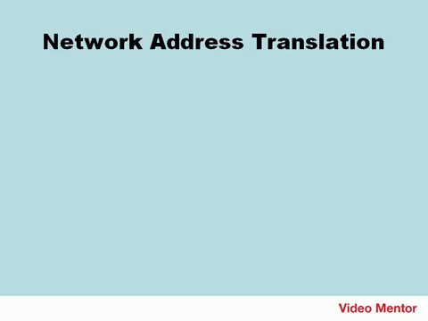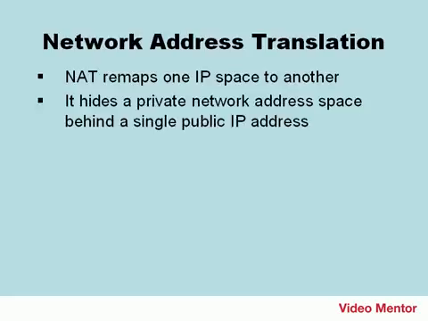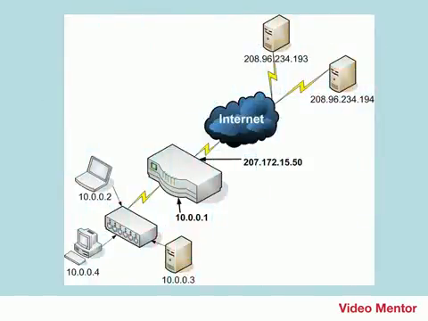Next is network address translation. NAT, or network address translation, is the process of remapping one IP address space to another. And NAT is commonly used to hide a private network address space behind a single public IP address, otherwise known as IP masquerading. Here's an example. The multifunction device here has two IP addresses. On the LAN side, it has the 10.0.0.1 address.